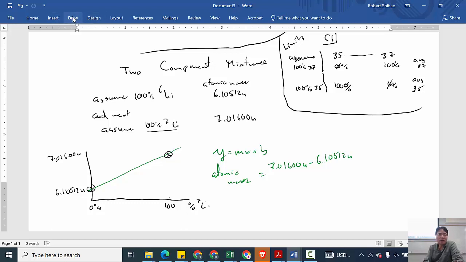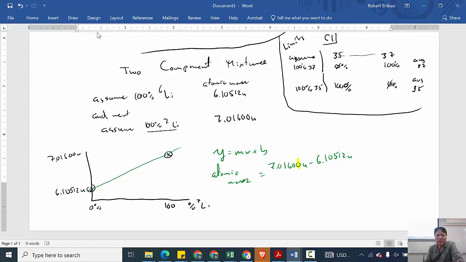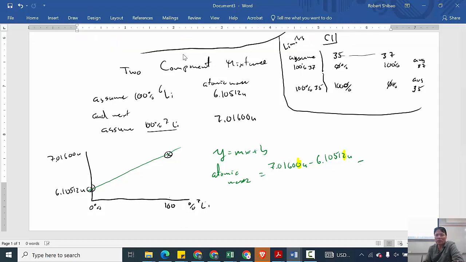How many decimal places am I allowed in the subtraction? So 1, 2, 3, 4, 5. 5 decimal places here. 1, 2, 3, 4, 5 decimal places here. So in the answer in the numerator, I'm allowed 5 decimal places. So let's go ahead and calculate that to 5 decimal places.